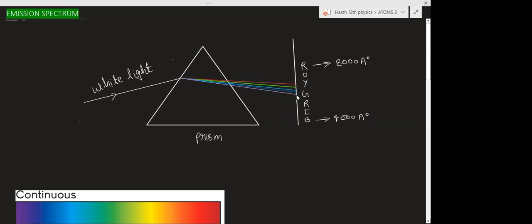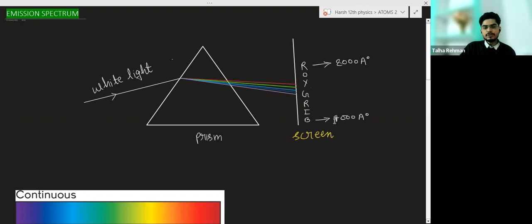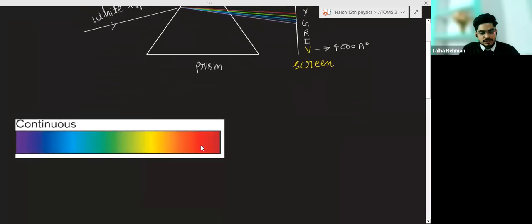This is the screen, and on this screen you will find a continuous wavelength range from violet to red. So on the screen you will get 7 colors.